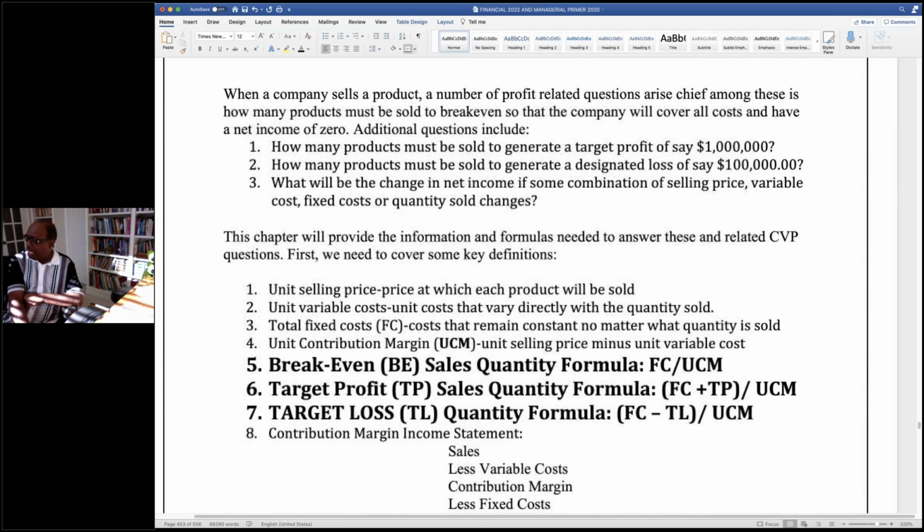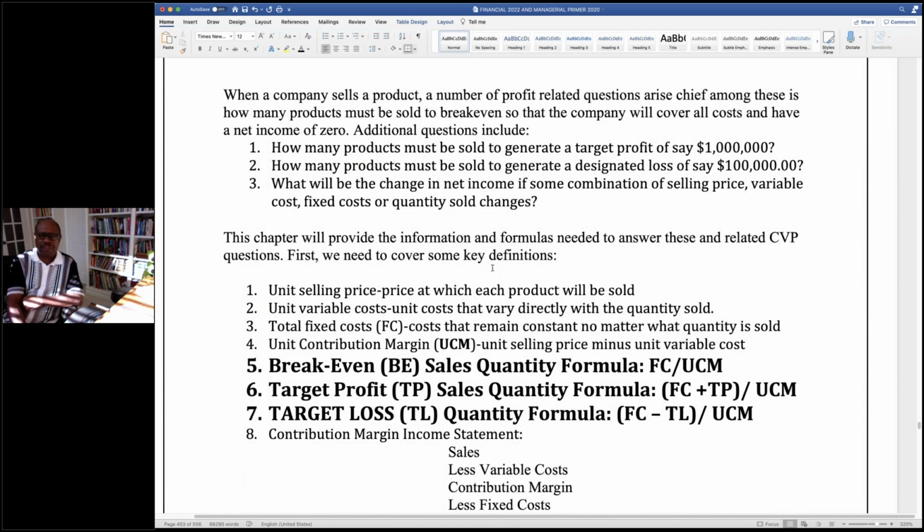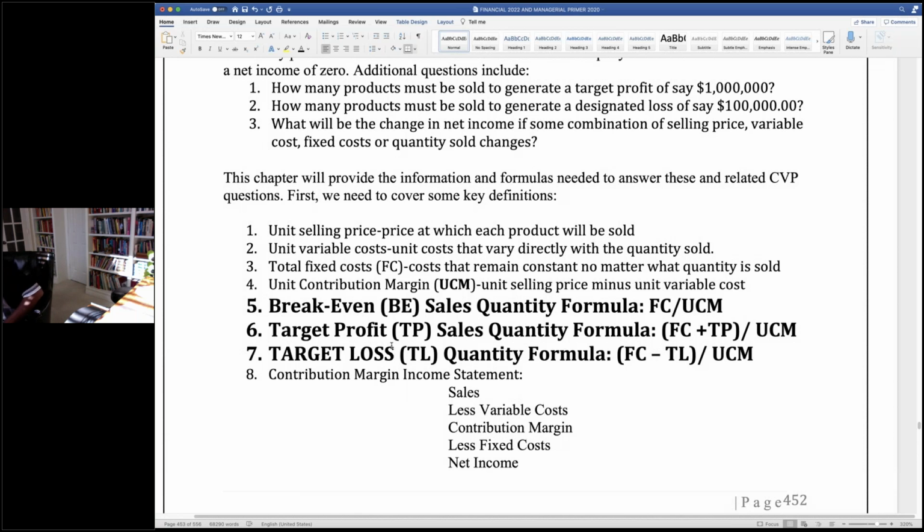I told you last time that there were 3 formulas that you needed to memorize so that you could get those quantities. First of all is the break-even formula, which says the quantity for us to break even in any situation equals the fixed cost divided by the unit contribution margin.